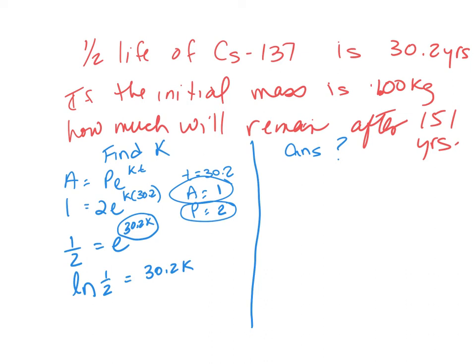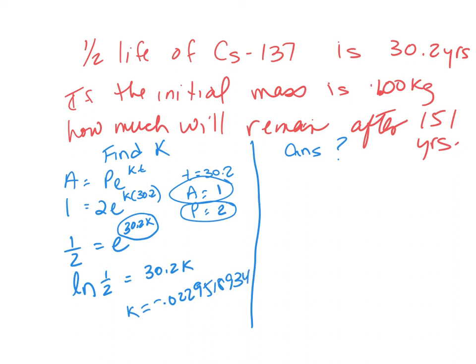Okay, we figure out the ln of 1/2, and then we divide that by 30.2. And you get this terribly ugly number, k equals negative 0.0229518934. And now I leave that on my calculator, don't clear it.